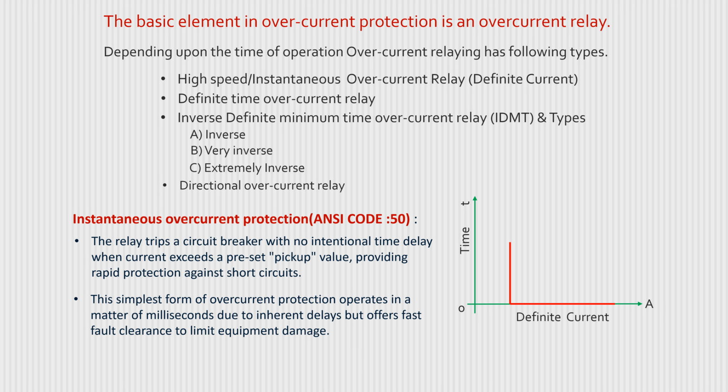This simplest form of overcurrent protection operates in a matter of milliseconds due to inherent delays, but offers fast clearance to limit equipment damage. Operating time is constant and operates in 0.1 second or less. Application: used for outgoing feeder.